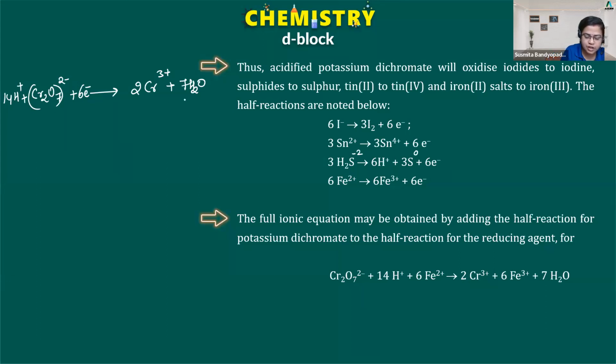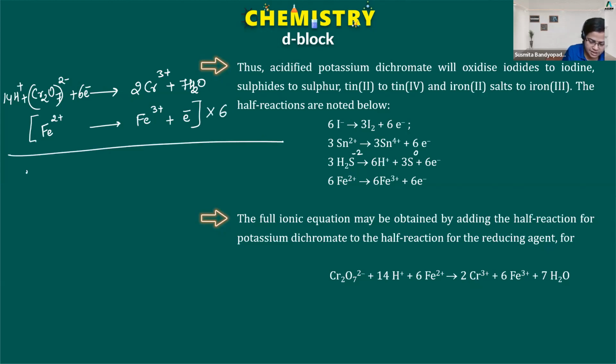So this is getting reduced. What is getting oxidized then? So dichromate can oxidize Fe2 plus to Fe3 plus. One electron is lost in this process. It's not possible that one electron is lost and 6 electrons are gained. So what should we do here? The second equation should be multiplied throughout by 6.